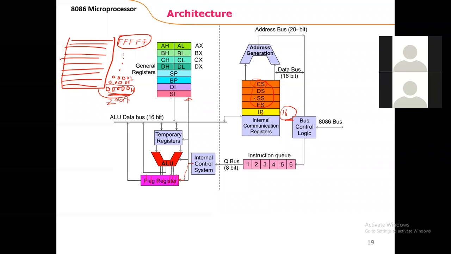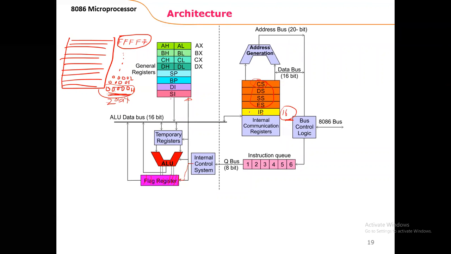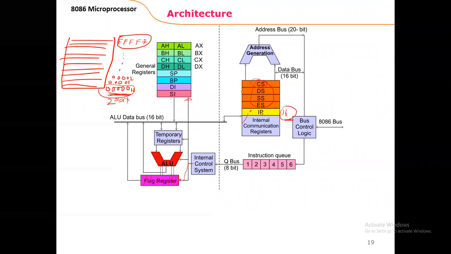IP helps the code segment. Code segment and IP both work with 16-bit addresses, so both combined create a 20-bit location.